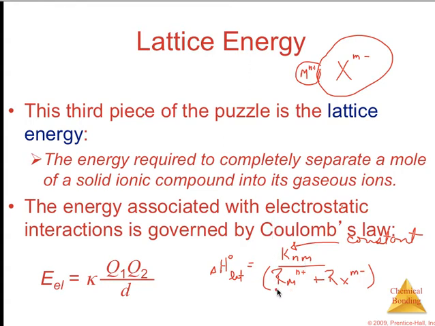The denominator is the radius of the cation plus the radius of the anion. So it's very similar to the other equation; actually, it's the same thing, just written a little differently. I wanted to make sure that you saw this equation because this is the IB equation. So when we talk about problems, this is really the equation that we should be using.